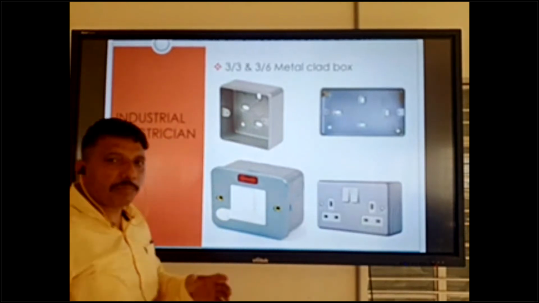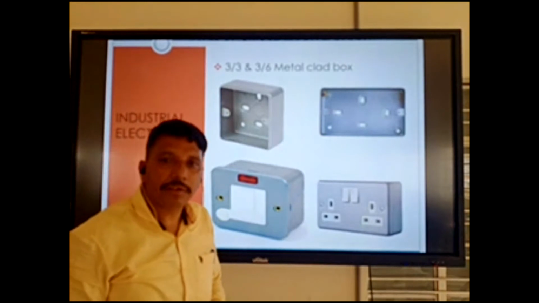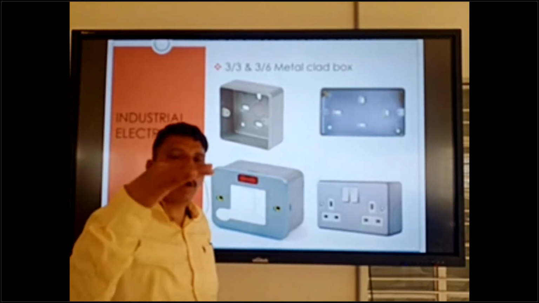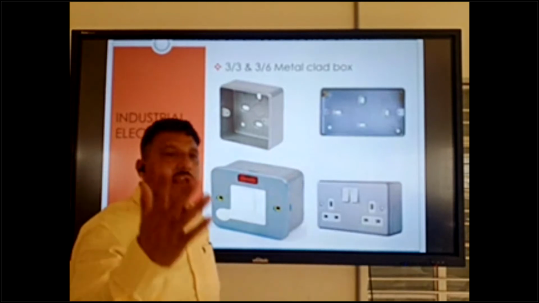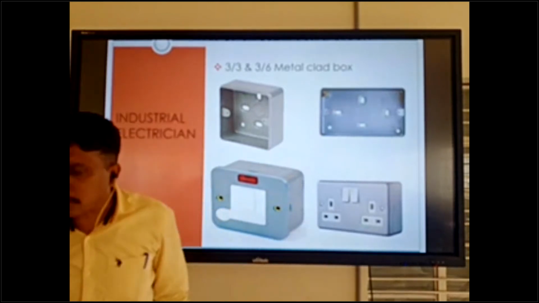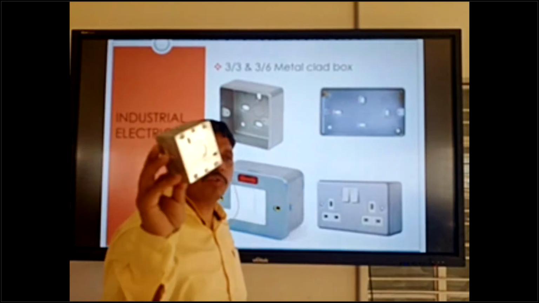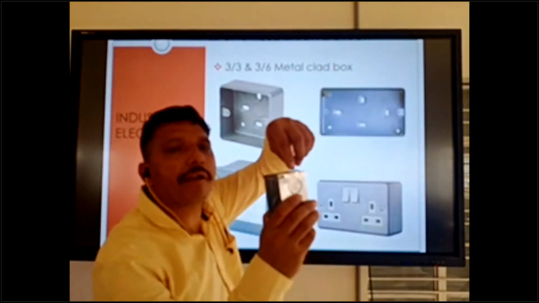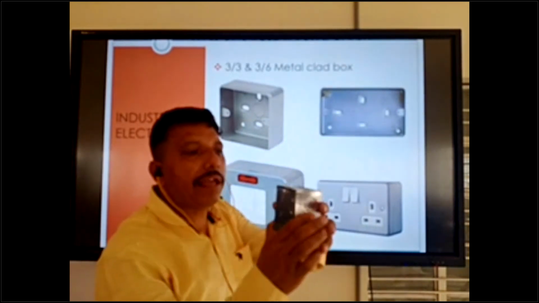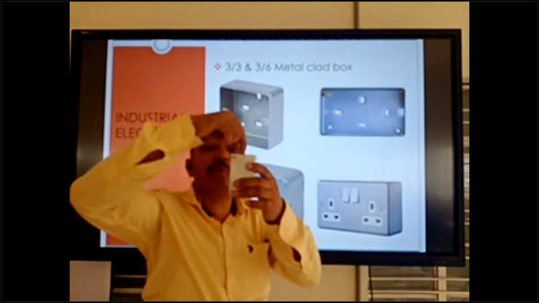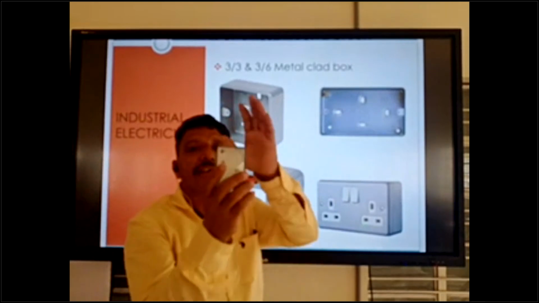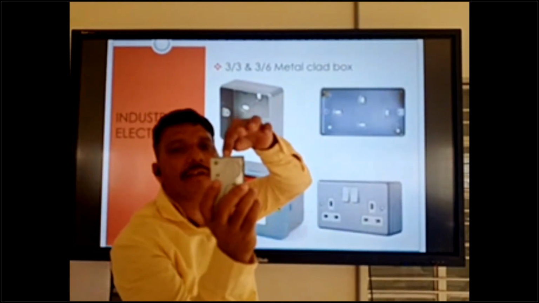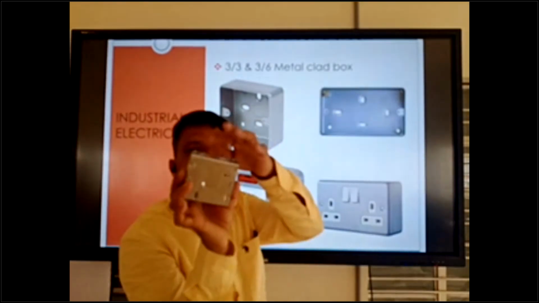So what is the difference between metal clad and GI? Metal clad box we can use in surface, open area, but GI is not allowed in open area. This is used in concealed. Suppose you use PVC piping concealed, and at switch dropping time your PVC pipe is coming in, we can fix this box for switch purpose and fix the pipe here.